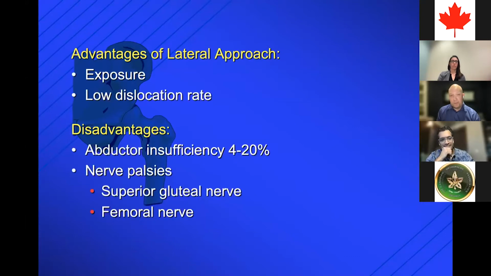This also provides very extensile exposure and does boast a very low dislocation rate, relatively more independent of head size than the posterior approach. The disadvantage, though, is it does take down the abductors, and abductor issues can occur in anywhere from 4 to 20% of patients, and the potential for palsies, be that superior gluteal nerve or femoral, does exist.